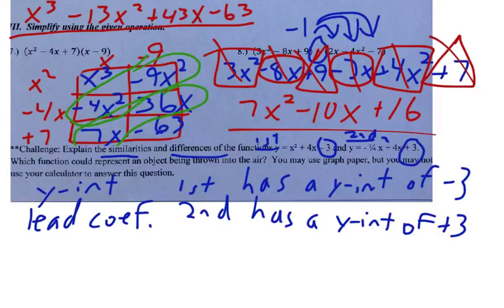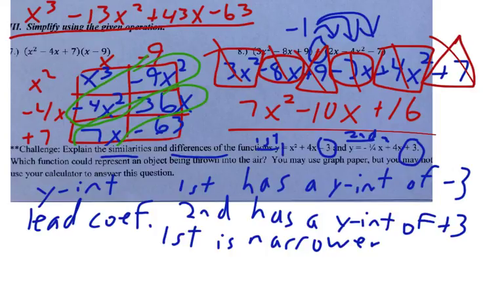All right, moving on. Something else that's different about them, the lead coefficient. The first has a smaller lead coefficient, so we would say the first is going to be wider, because that, actually it's not. The first is going to be narrower. The first is narrower because it is a coefficient of a 1.